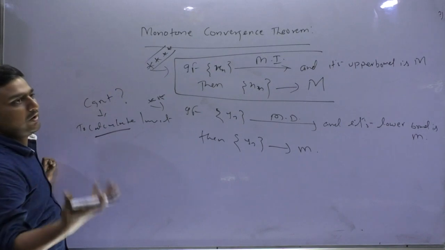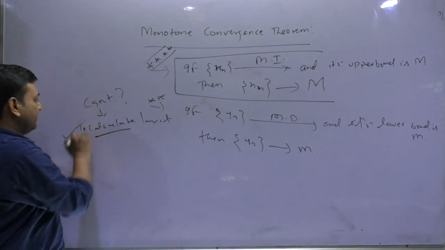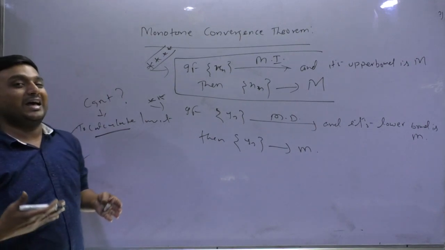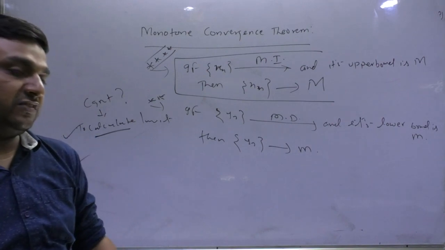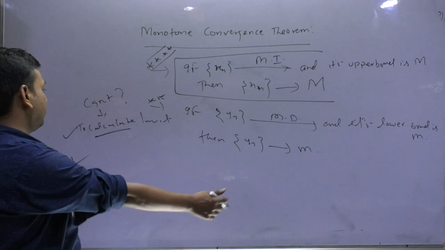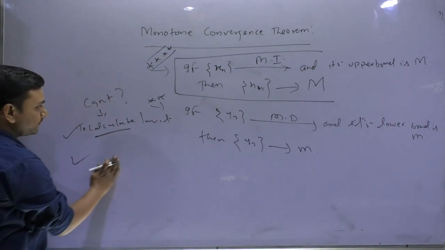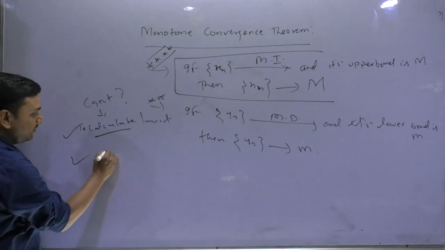Suppose that you forget the formula of those limit theorems. Then in that case you have another instrument which you can use to check the convergence of a sequence. So to check the convergence of a sequence, monotone convergence, how will it go?